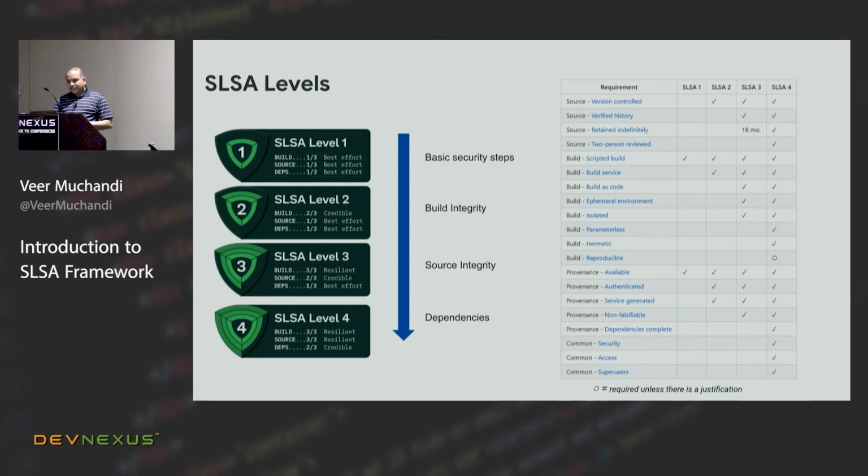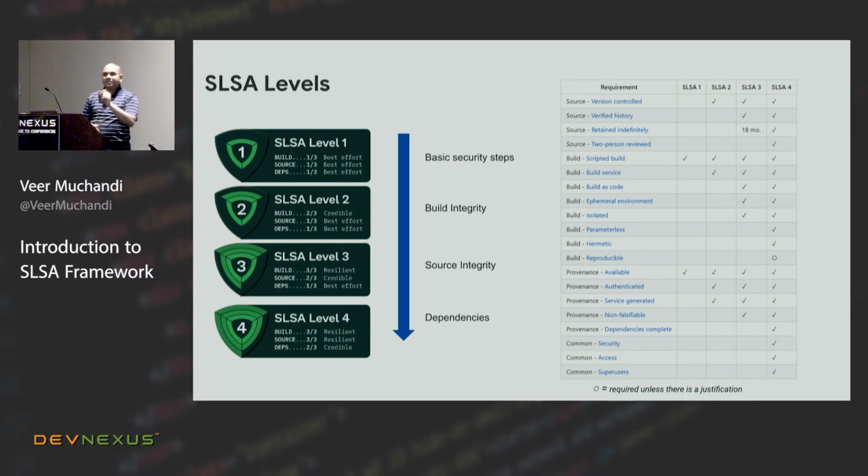So SLSA level 3, again you are adding more, retention of the source code history is added. Then from the build perspective, the build is scripted as code. You can actually look at the build in your source control repository. How it is done, it is all scripted down. Okay? And then you have ephemeral environments. That means the build environment comes up and it goes down.